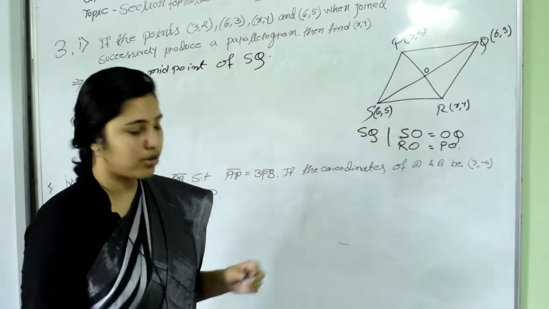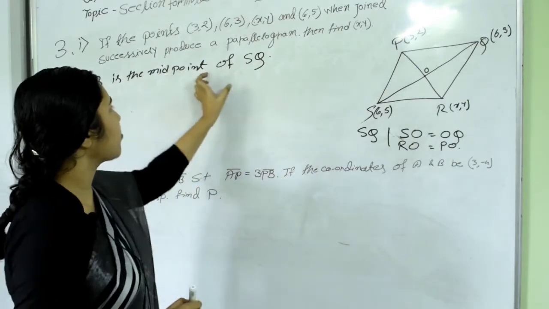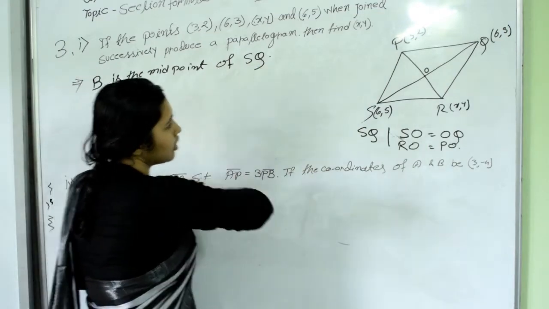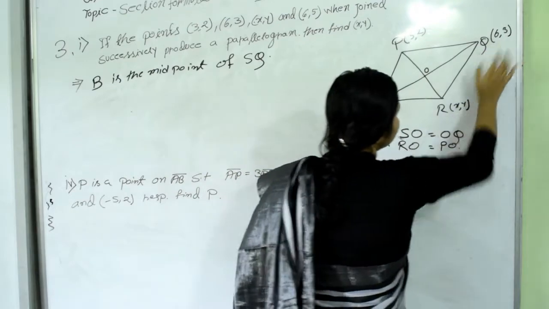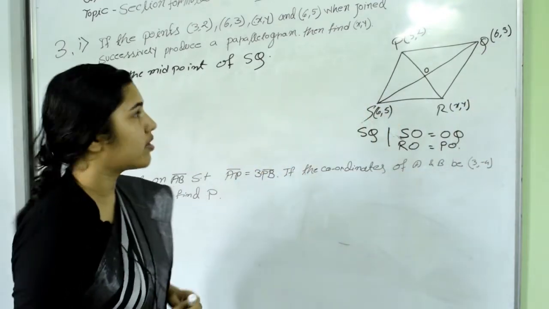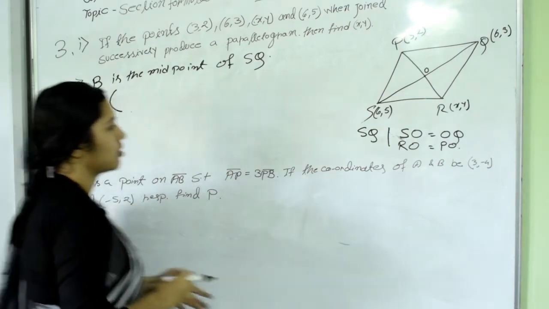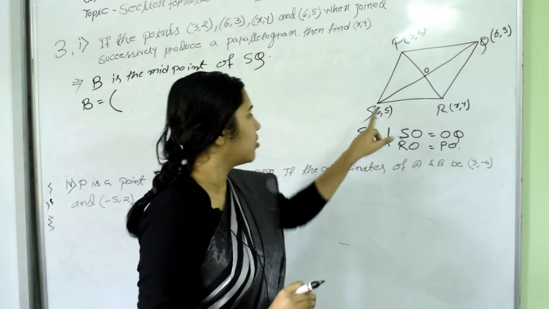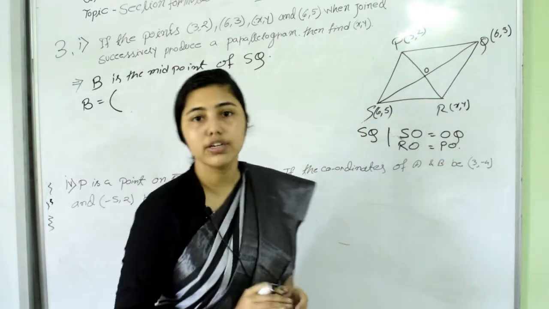Then we know by the formula that if B is the midpoint of SQ and the coordinates of S and Q are (6, 5) and (6, 3), then the coordinate of the point B will be ((x1 + x2)/2, (y1 + y2)/2).